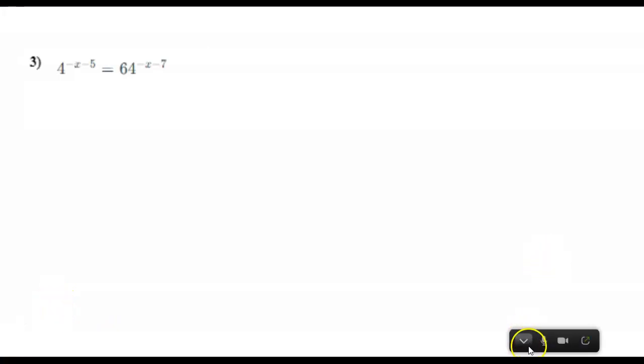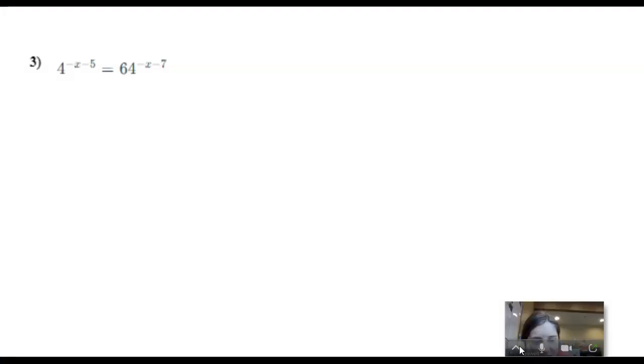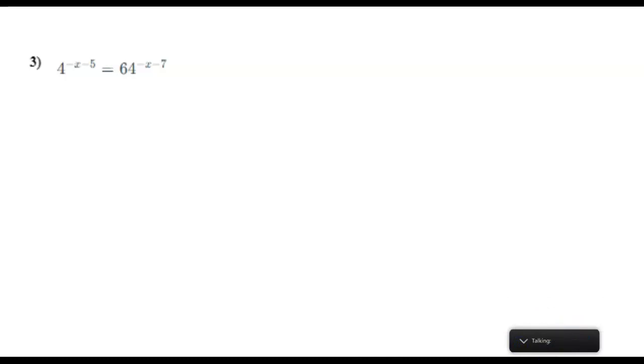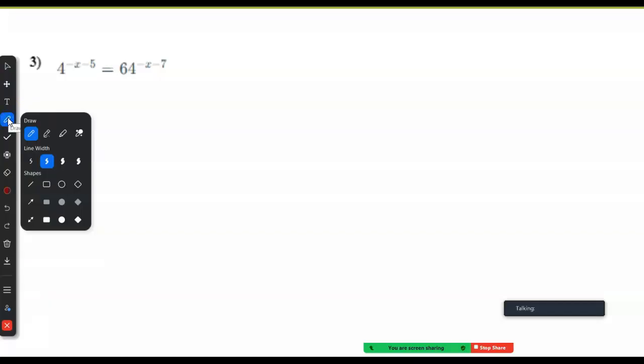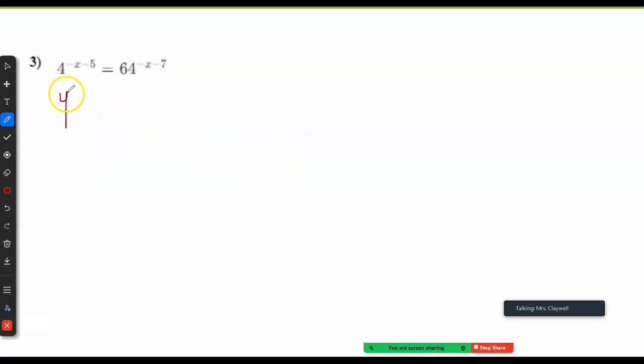As you look at example 4, you're asking yourself, what is my common base between 4 and 16? As we look at the common base between 4 and 16, we see that it's 4.